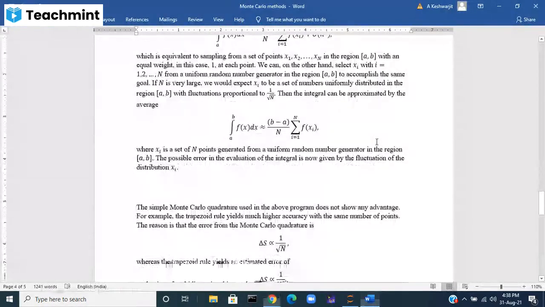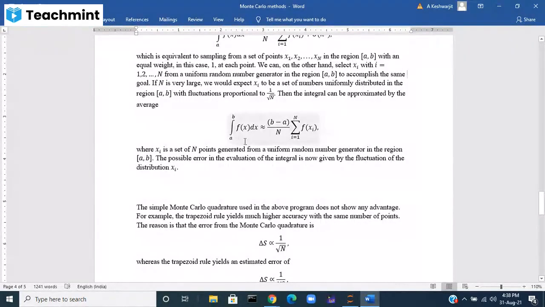The points xi which lie in the range from a to b can be drawn from a set of n points generated from a uniform random number generator in the region a to b.